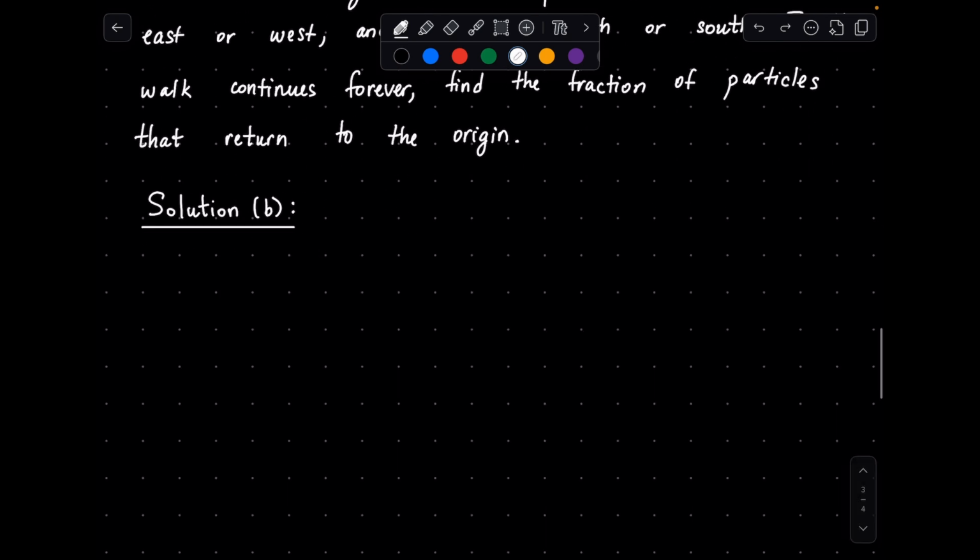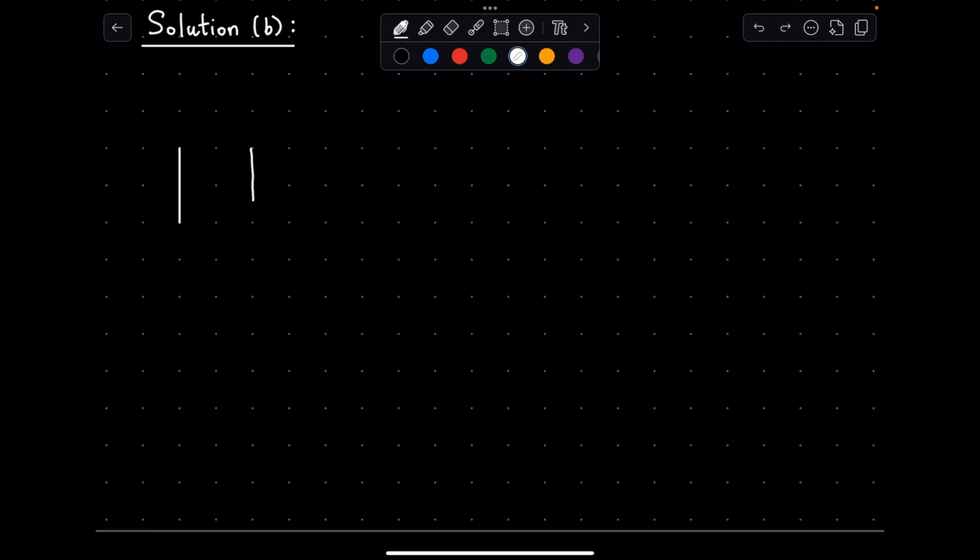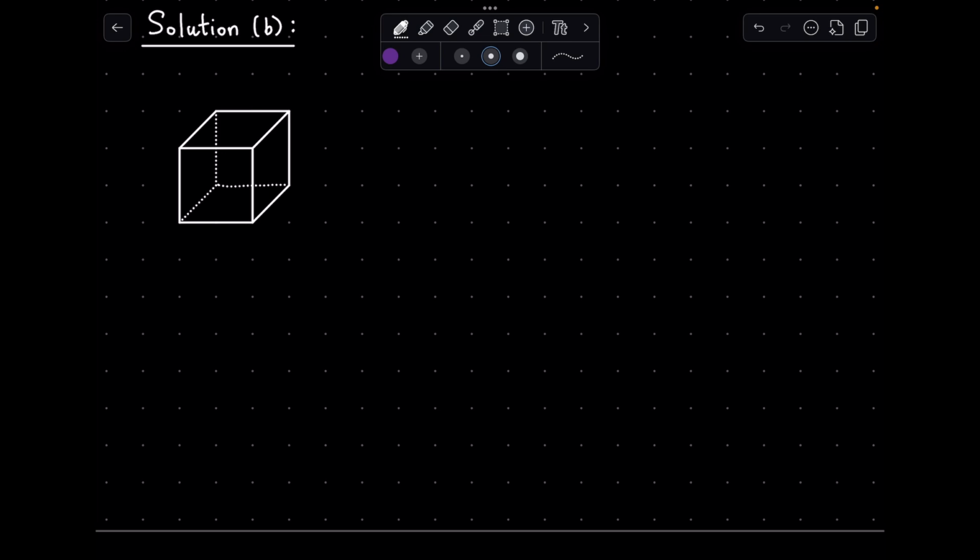Okay, so let's first visualize this three-dimensional random walk. It starts at the center of the cube, shown by this blue dot, and goes to one of the red dots at the corners.